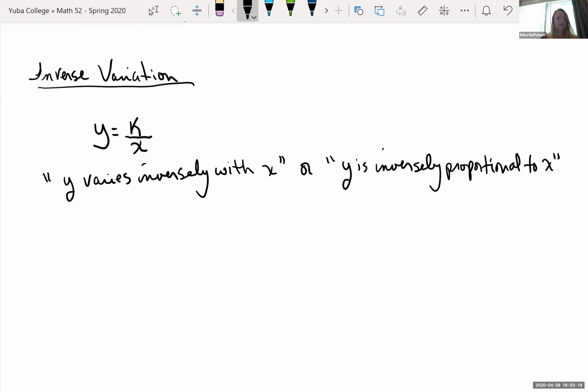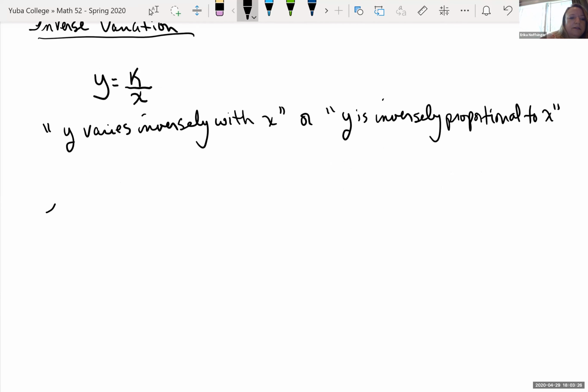Okay, so another type that you might hear is jointly. So joint variation. So y is equal to k times x times z.